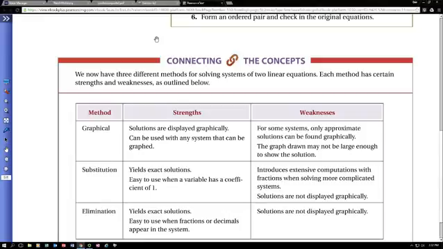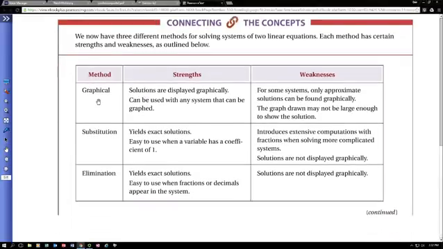We've gone through 3 different methods to work with systems of equations. One was graphical, and its strength is it gives you a nice picture of what's going on. In fact, in most cases they will probably ask for a graph, but its weakness is that when the intersection doesn't fall right on the grid lines of your graph paper, you can only get an estimate of the exact values.